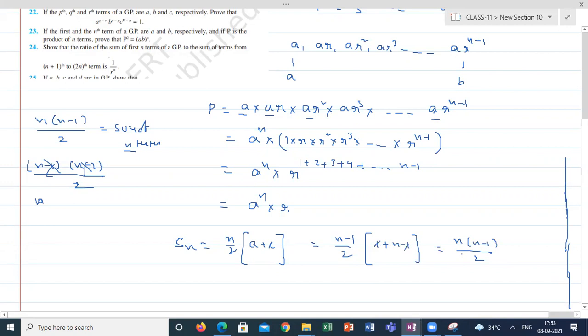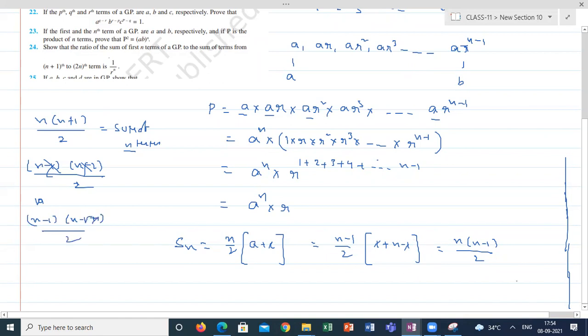Sum of n terms is n into n plus 1 by 2. Here it will be n into n minus 1 by 2. So n minus 1 plus 1 by 2, so n into n minus 1 by 2.